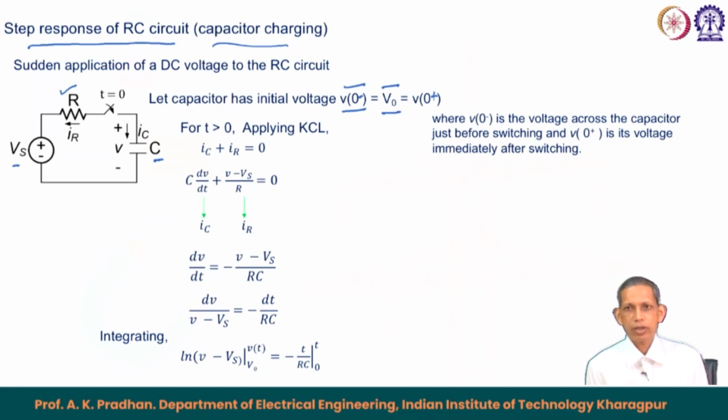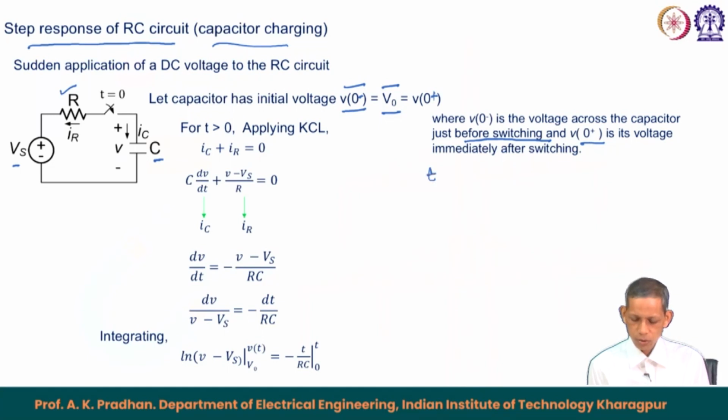So, the voltage across the capacitor cannot change instantaneously. It means that V 0 minus is the voltage across the capacitor just before the switching happens at t equals to 0. V 0 plus is the voltage immediately after switching.